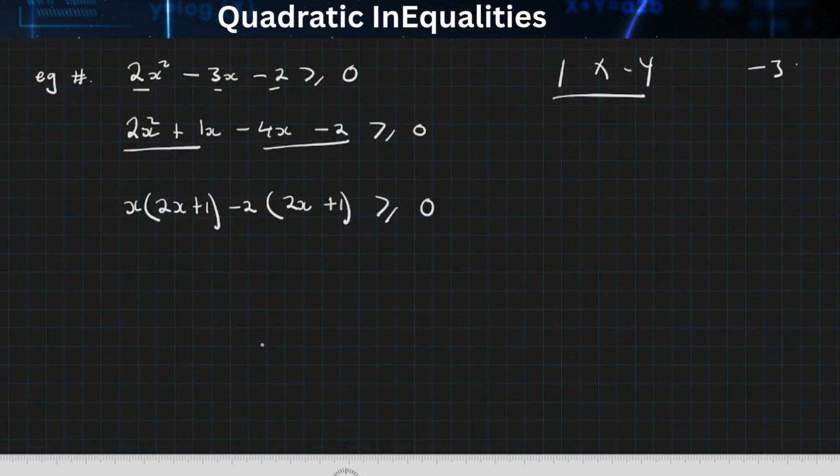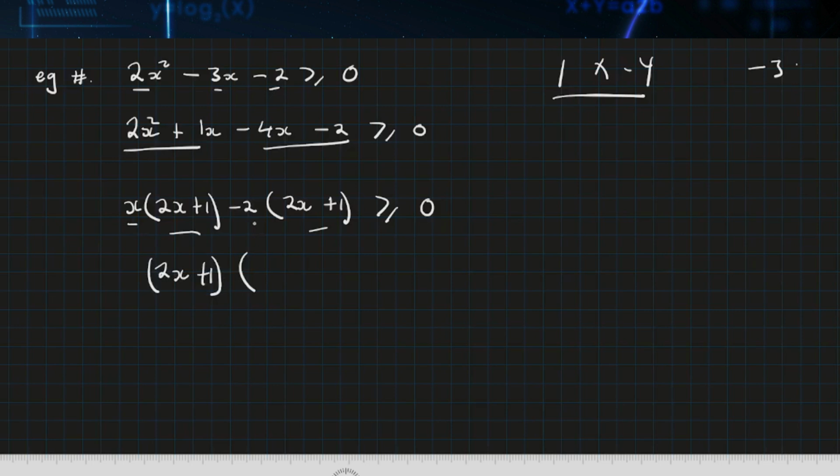And then the next thing to do: since this bracket and this bracket are the same, it means you're doing it correctly. So 2x plus 1 in one bracket, and in the other bracket we're going to put the common factors. We factorized it first, so it's going to be x minus 2 in this bracket, greater than or equal to 0.